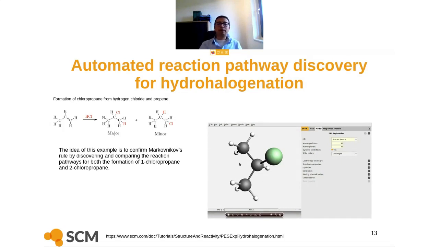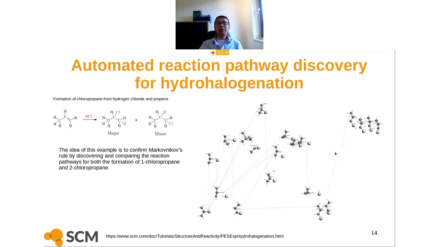For that, you just have to generate an initial structure, and in our graphical user interface, select as a job the process search, the number of expeditions, and the number of explorers, 50 and 32 respectively for this case. Of course, enable the dynamic seed states as I showed in the previous slide.